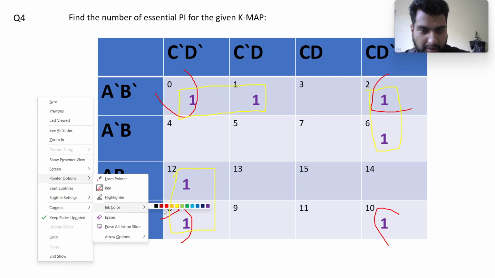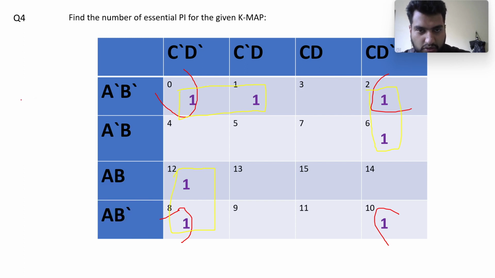So how many essential prime implicants are there? Those prime implicants which cover a term that is not covered by any other implicant. As you can see, this one is not covered by any other pair apart from this. This one is not covered by any other prime implicant apart from this. This one is not covered by any other prime implicant apart from this. And this one is not covered by any other quad or pair apart from this.